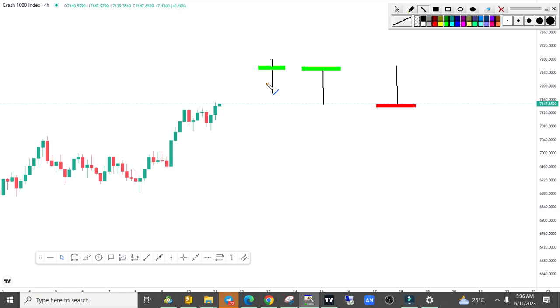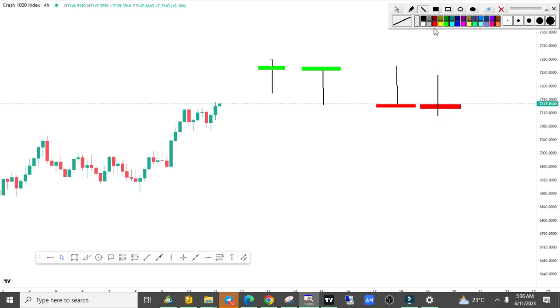So this is also the same thing. For me, this is different from doji. This is very different from doji. Let me do this again here, so you can have something like this also.